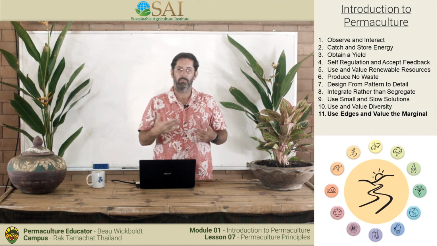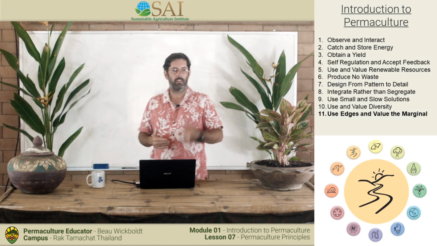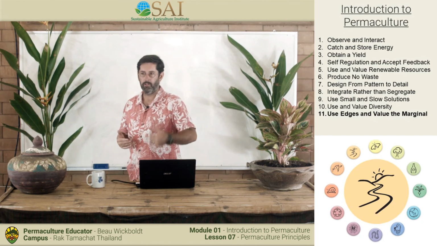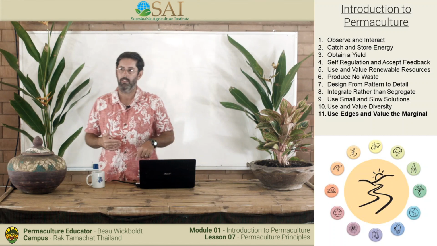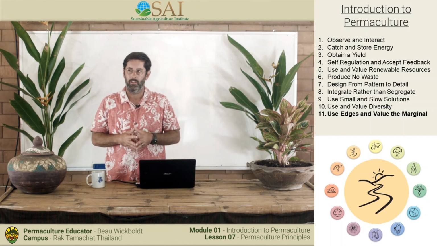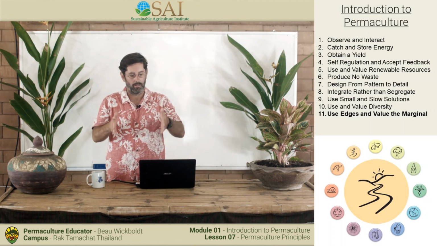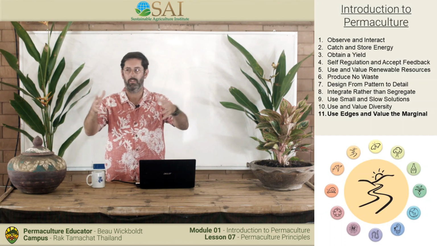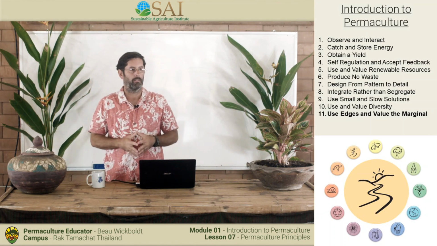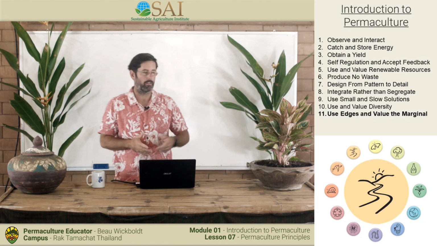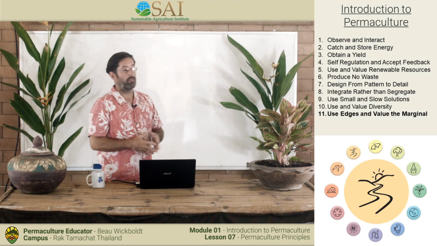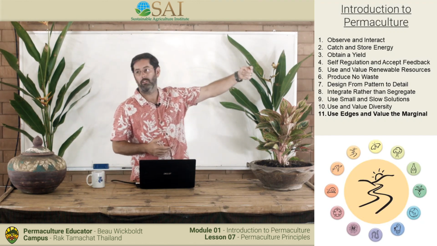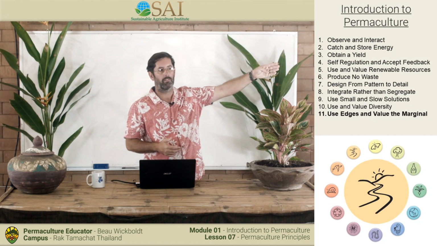A lot of the profit of Raktamachat, the actual profit, what makes us profitable, we get from our edge and our marginal areas. See, it's really easy to focus on that garden and think that that's where the profit is, and it isn't. Everybody can do that. What about all the food systems that are supported that aren't in that? What about the coconuts on the edge of the pond? What about the casuarina trees right behind the coconut that provide building materials, right?